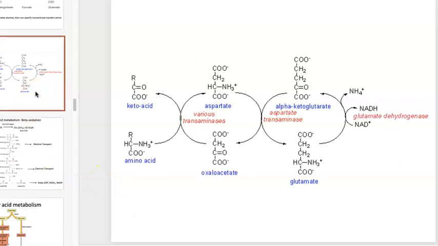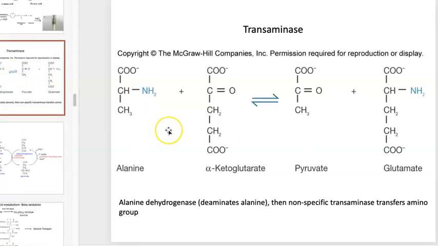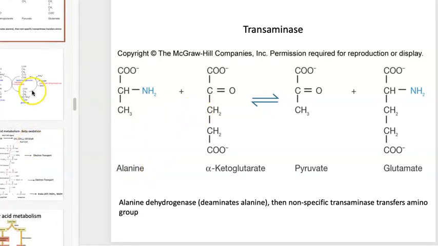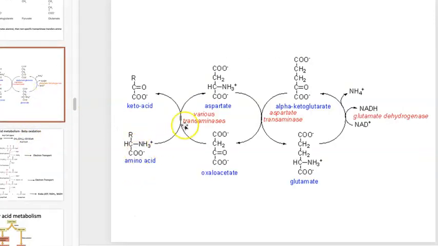So another example of that, showing you more of the versatility. So imagine you've got an amino acid here. Here's just the generic amino acid structure, so it could be anything. There's a lot of different transaminases, and here you're looking at a very specific transaminase reaction from alanine to make glutamate. But there's lots of transaminases that I wanted to point out.